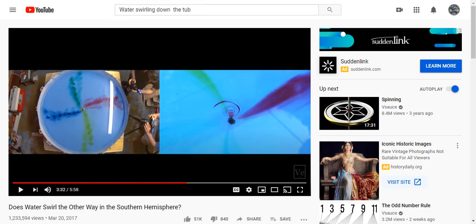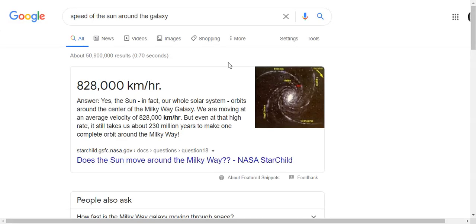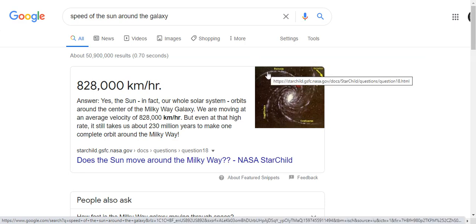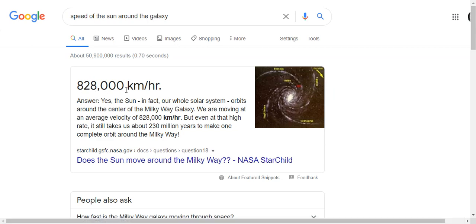Now, we cannot just say that in the galaxy arm that we are moving, let's say the Earth is right here on this picture of the galaxy. We cannot just say that because the Earth is moving 828,000 kilometers per hour, that 5 billion years ago, that means we've gone around the center of the galaxy however many thousands of times that would be.